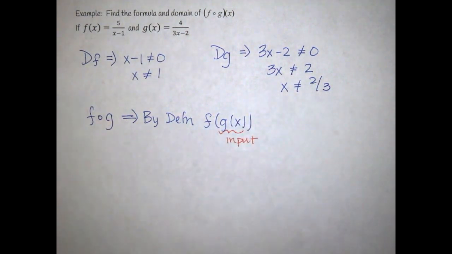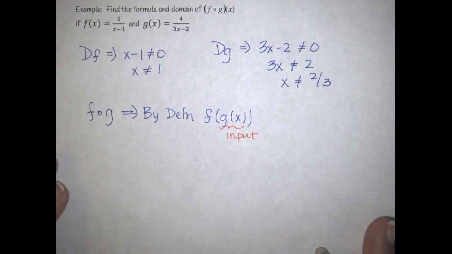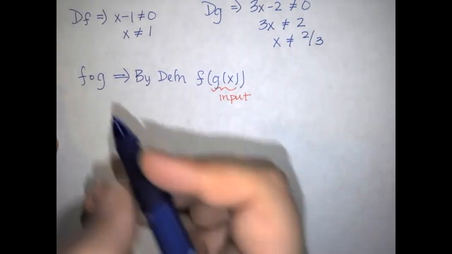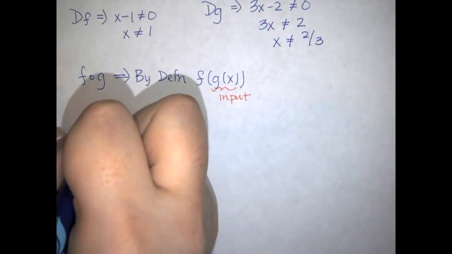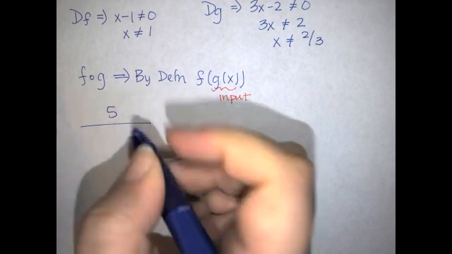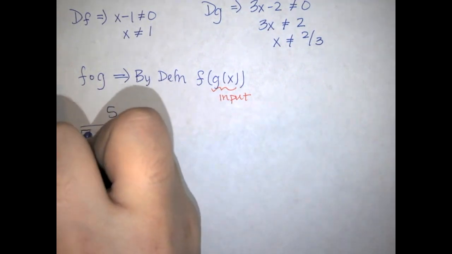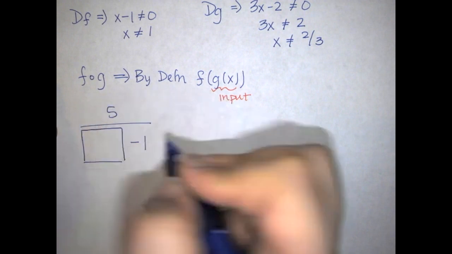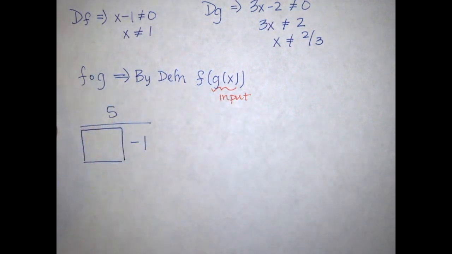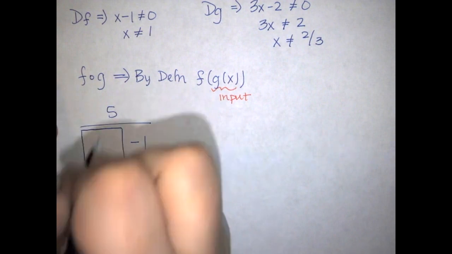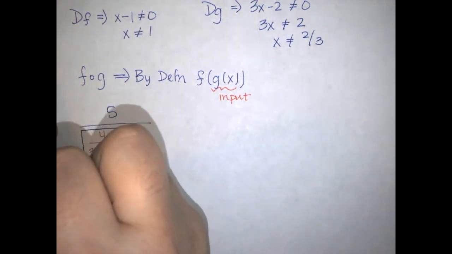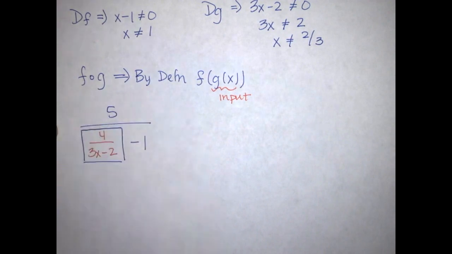So, first and foremost, we need to look at making that composition. So f is on the outside, so this is going to be 5 over my stuff minus 1. And my stuff here is going to be 4 over 3x minus 2.